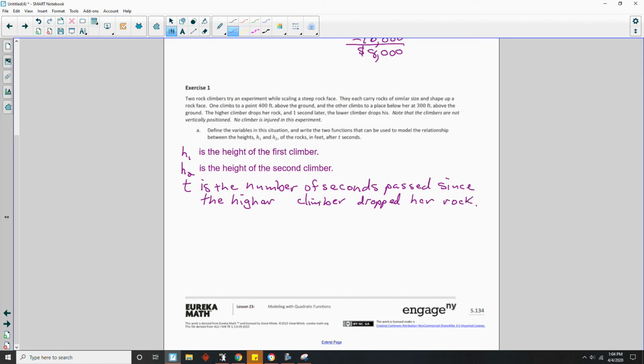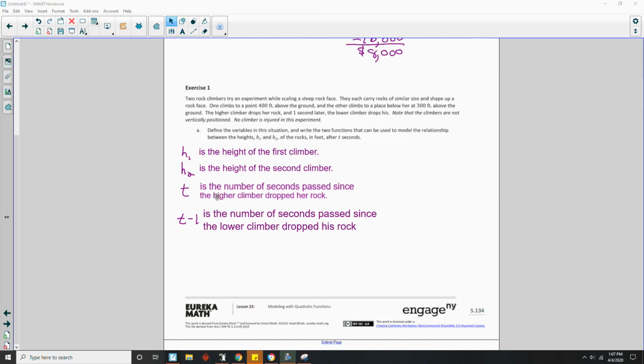Okay, that is T. T minus 1 represents the number of seconds the lower climber dropped his rock, because it did say 1 second later the lower climber dropped his rock. So T minus 1 is the number of seconds passed since the lower climber dropped his rock.